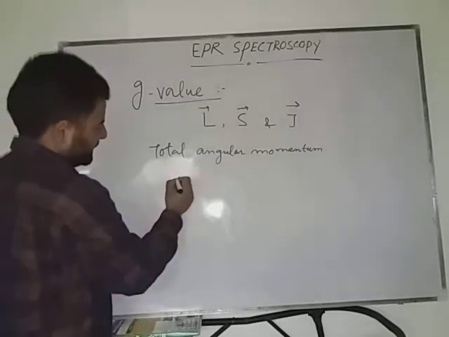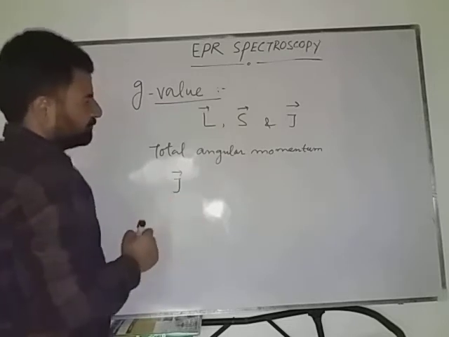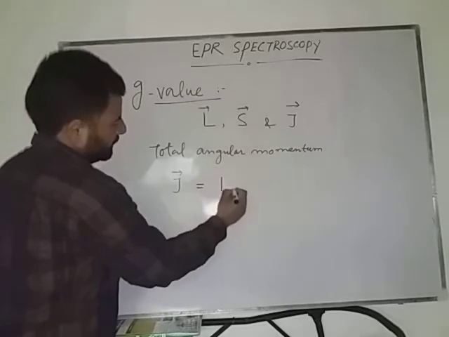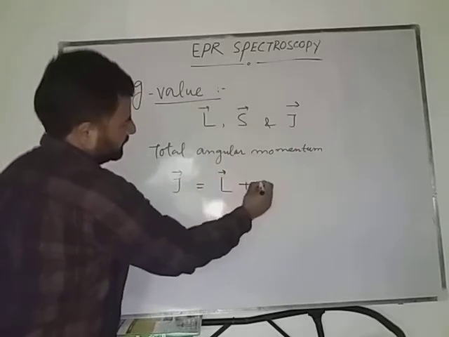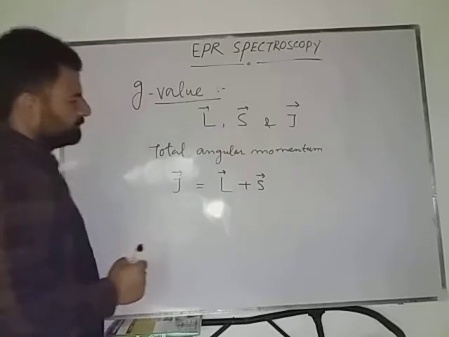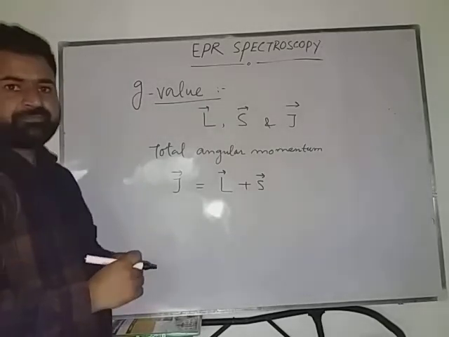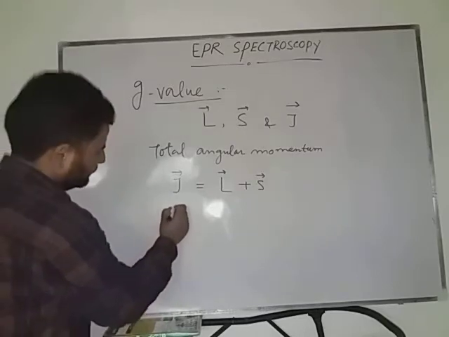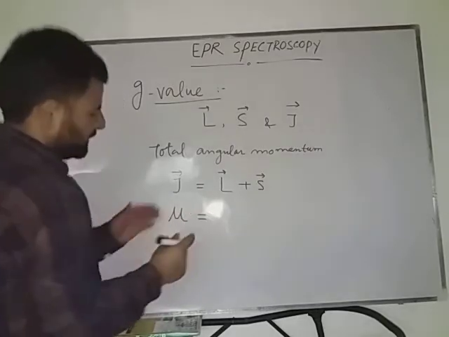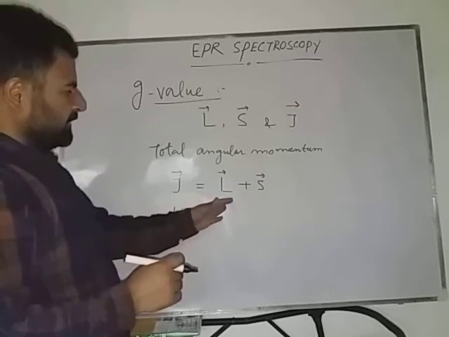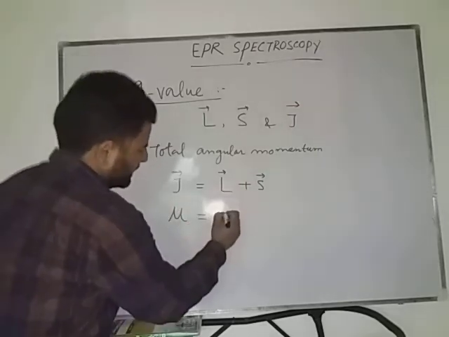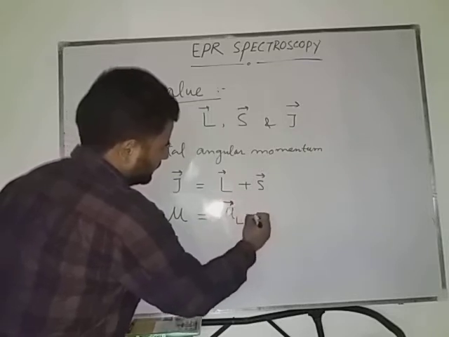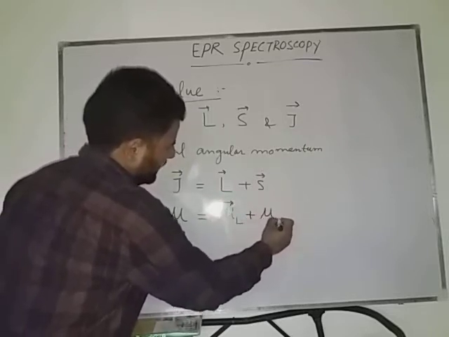That means J, the total angular momentum quantum number, will be equal to L plus S. Okay, so the corresponding total magnetic moment will be the magnetic moment from the orbital contribution, that is mu L, plus mu S.